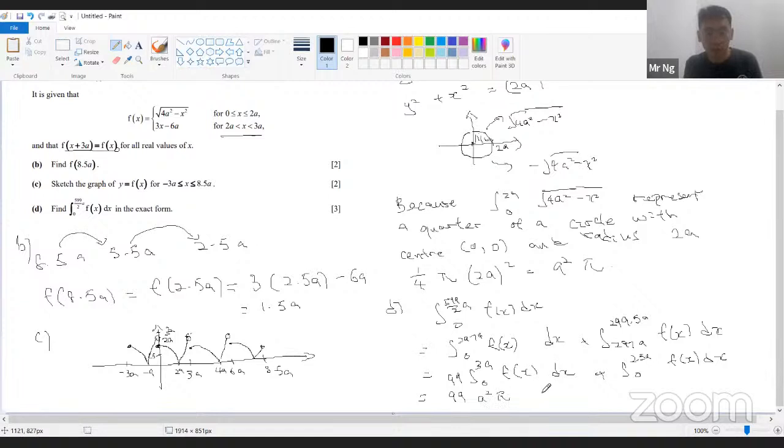And then after that, plus a triangle, which is half times a times 3a. Then here 3a. Half times a times 3a, so 3a square over half.